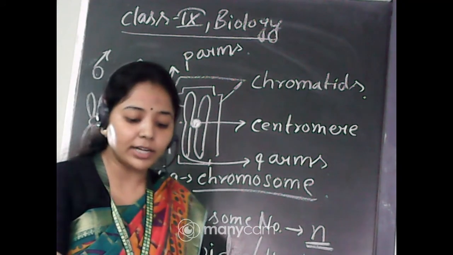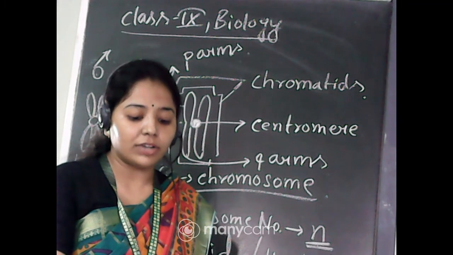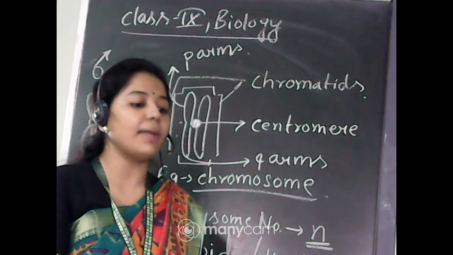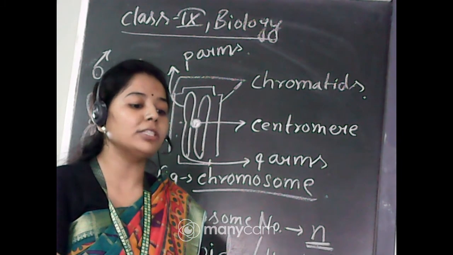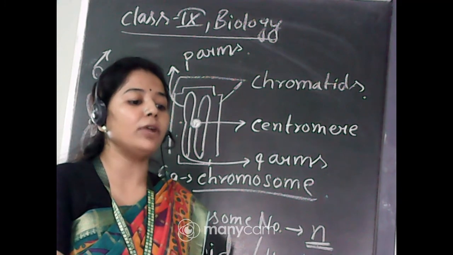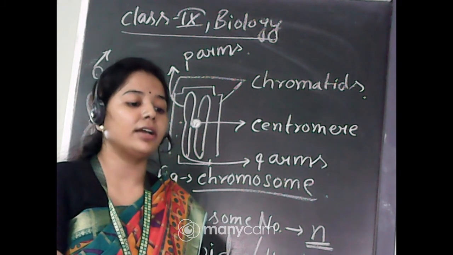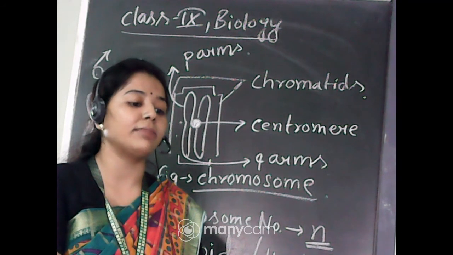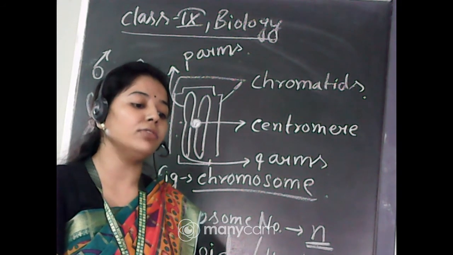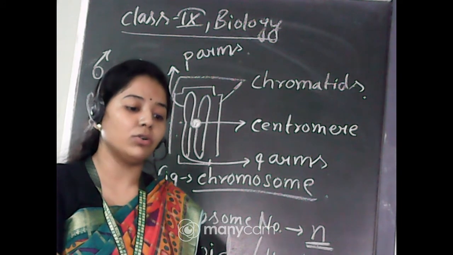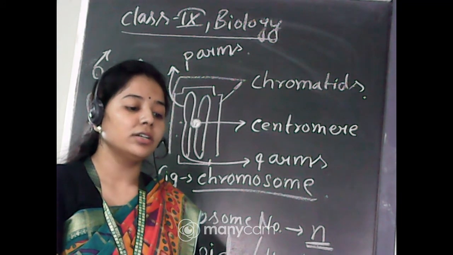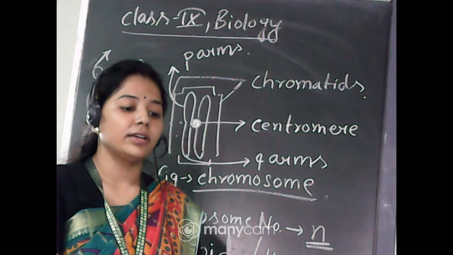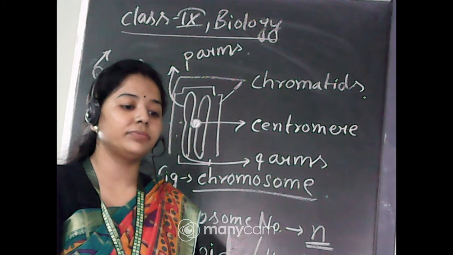The haploid condition is found in gametes, meaning ovum and sperm. Everyone understood?